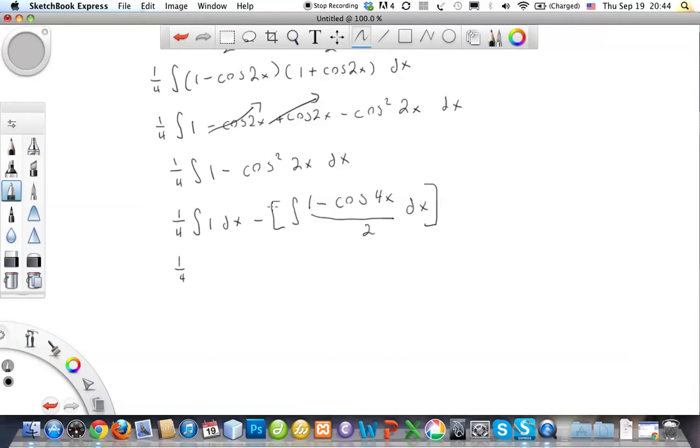I put this here so I remember to distribute, because sometimes you can end up messing this up and you won't get the proper answer at the end.